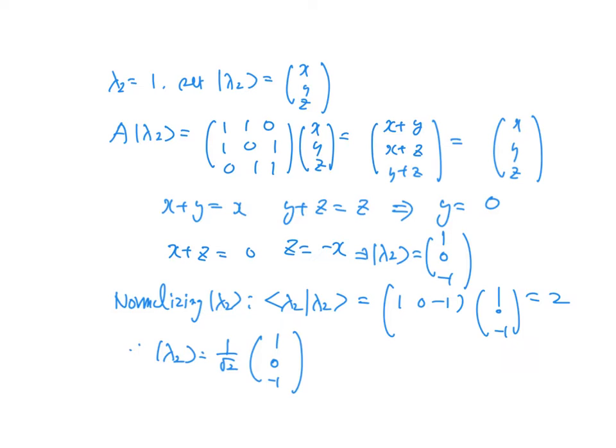Can I move on to the next page? Right. So lambda 3 is 2. So set vector lambda 3 as x, y, z.